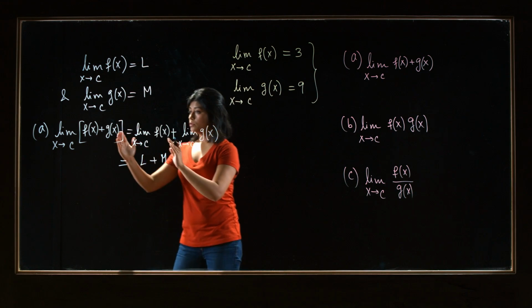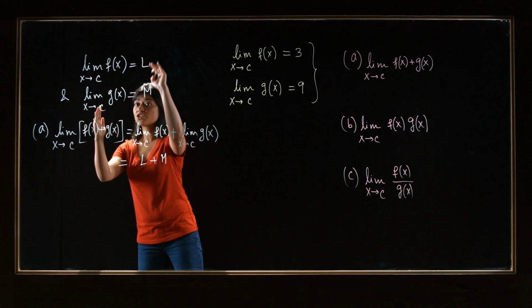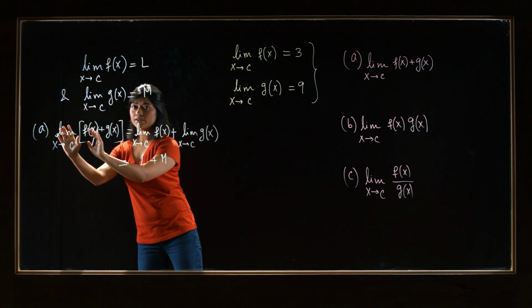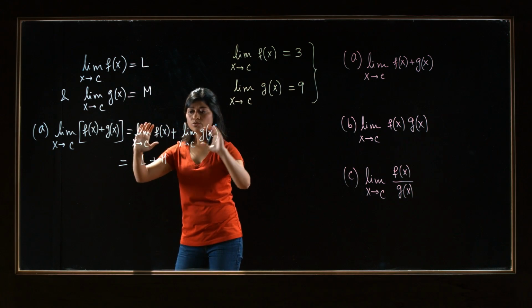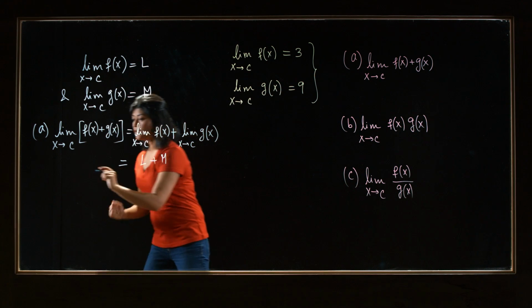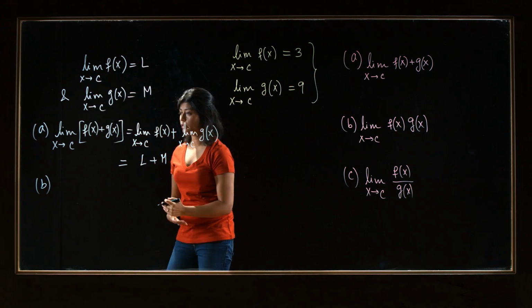So when we have a sum of two functions and both limits exist separately, we can split the limit as a sum of two limits. The same thing can be done with product and quotient as well.